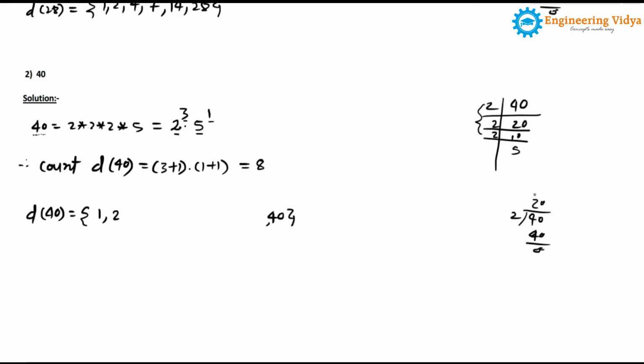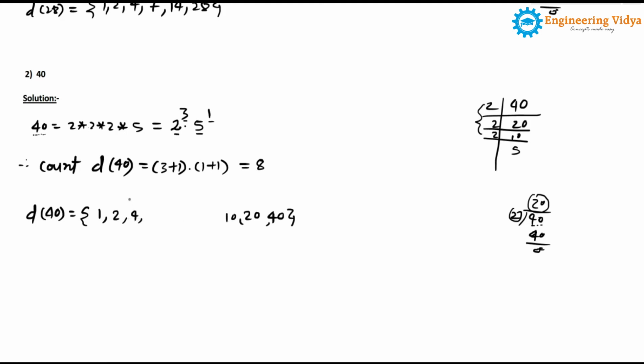It means that 40 will be divided by 2 as well as 20, so here I'll write 20. Now see the next number. 3 cannot divide 40, but 4 can divide 40. If I divide by 4, the quotient will be 10, so here I'll write 10. 10 also can divide 40 and 4 also can divide 40.